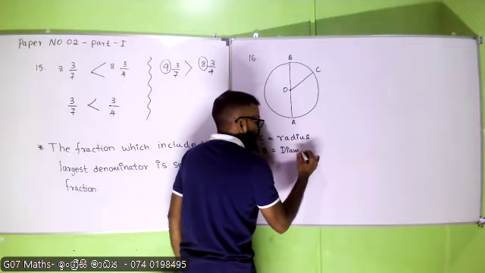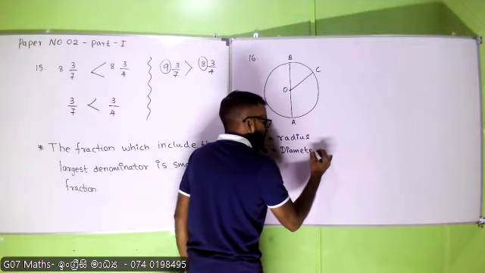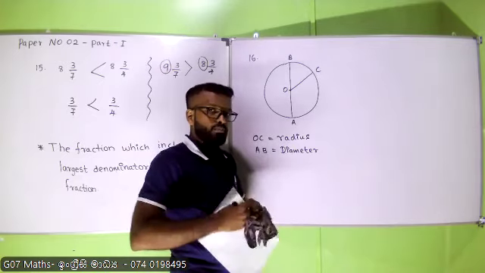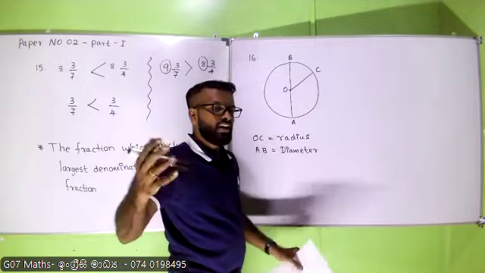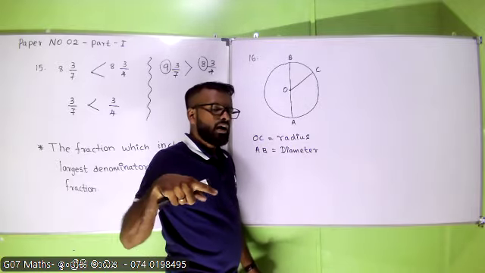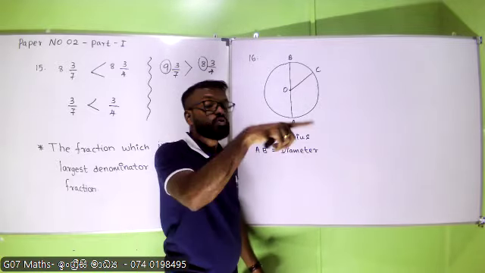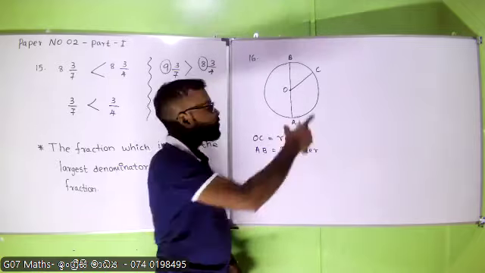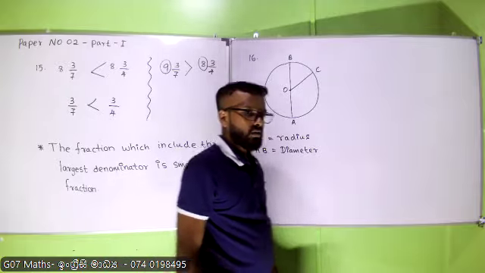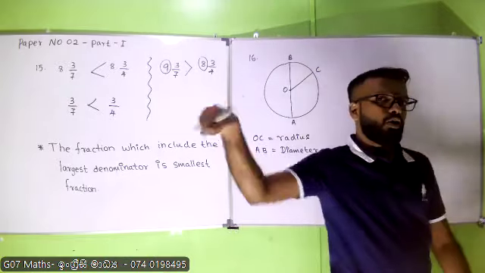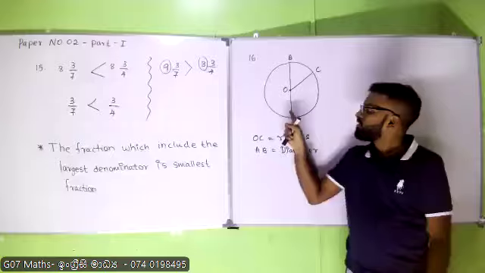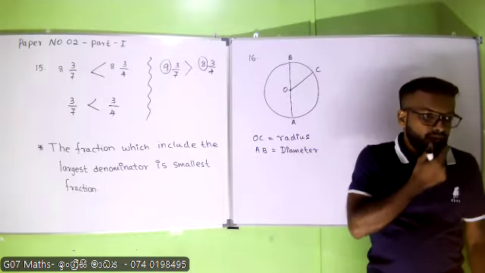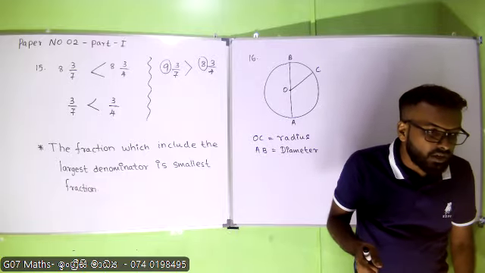Now, diameter is how many times of radius? That is an extra thing. Diameter is how many times of radius? Yes, most of you send me the answer.